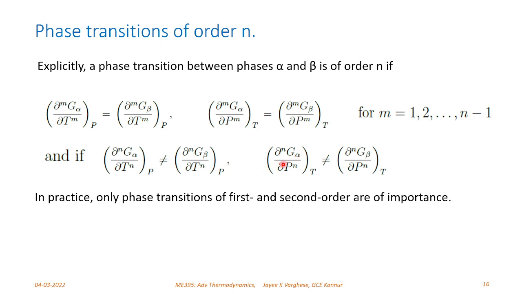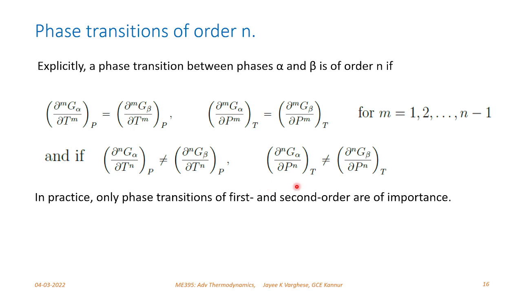The same is the case with ∂^n G_alpha divided by ∂P^n, while temperature is kept constant, which becomes not equal, or this function becomes discontinuous across the phase transition point. Then the phase transition is of order n, where up to n minus 1 the derivatives are continuous and the nth derivative is discontinuous. That is what we mean by saying that the phase transition is of nth order.